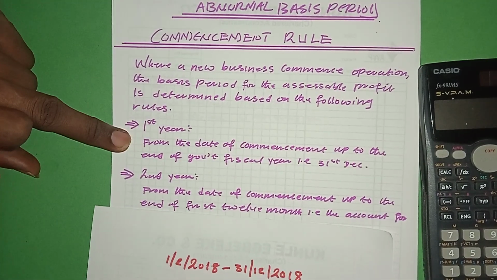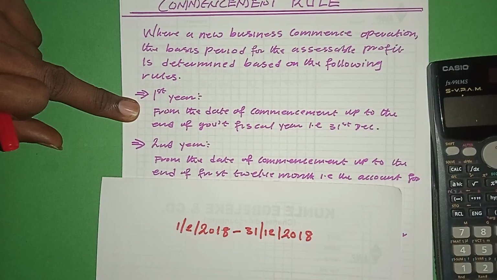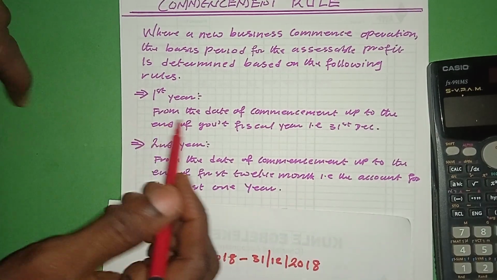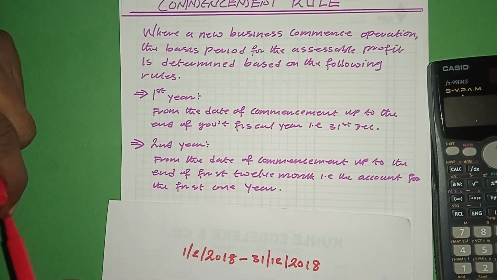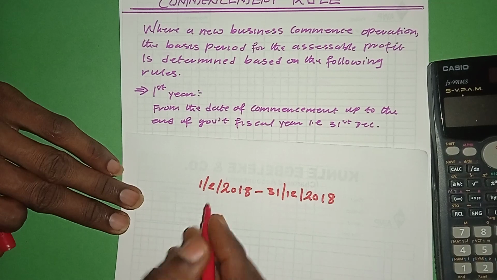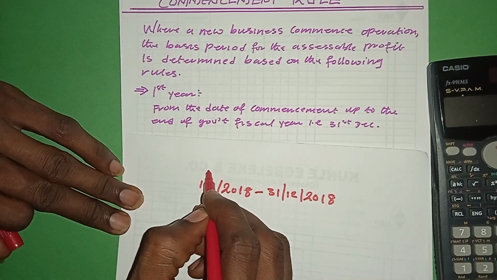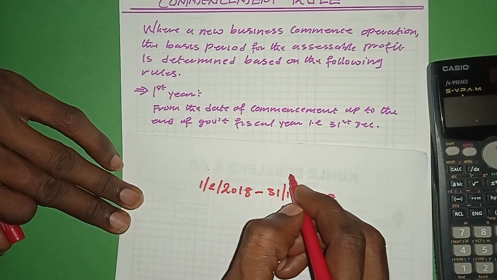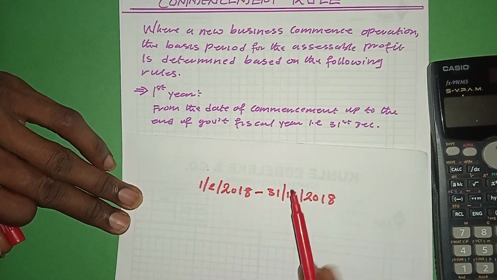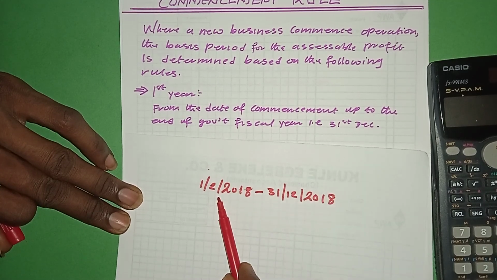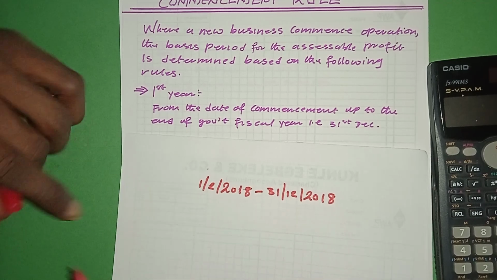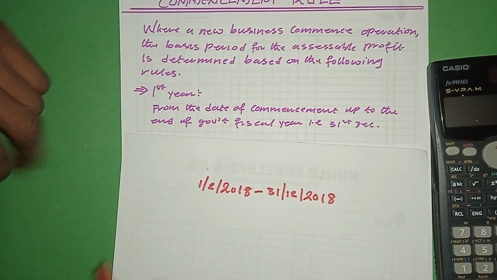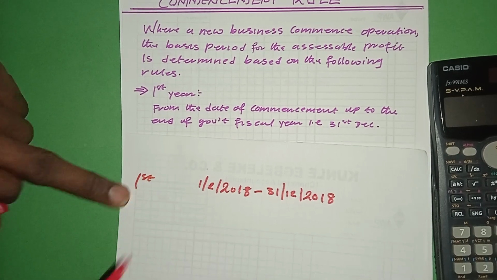That is what the first rule is saying: from the date of commencement, which we are assuming is 1st February 2018, up to the end of the government fiscal year, which is 31/12/2018. Hope you understand the first step.